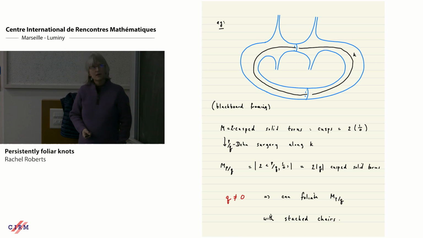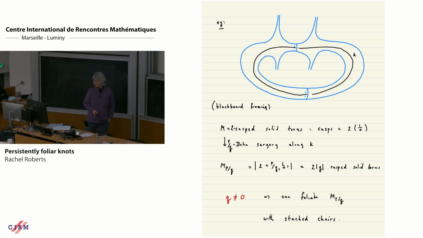And we're thinking about K as being a knot just in the core of that solid torus. And then we're going to think about doing Dehn surgery along K. And we know if we do Dehn surgery along a core of a solid torus, we just get a solid torus back. And so we're going to have changed the slopes.